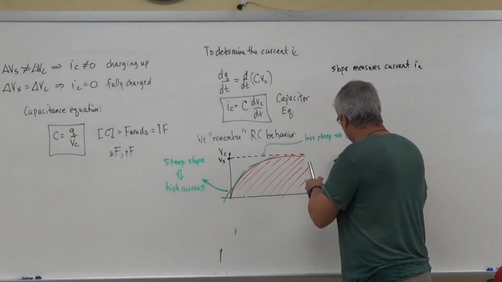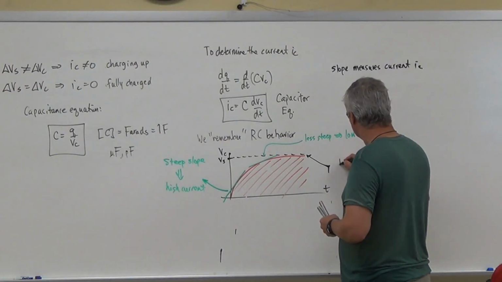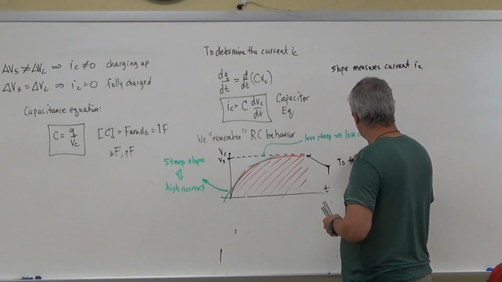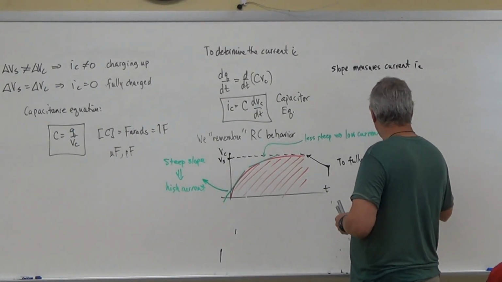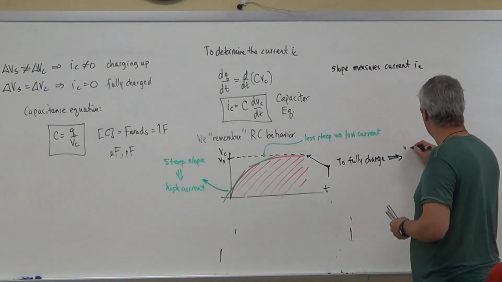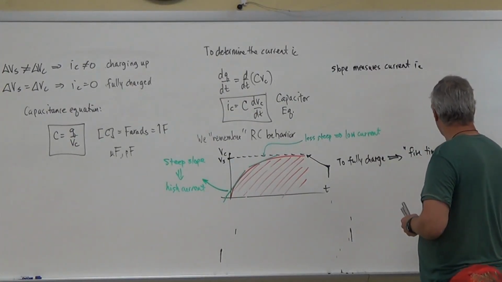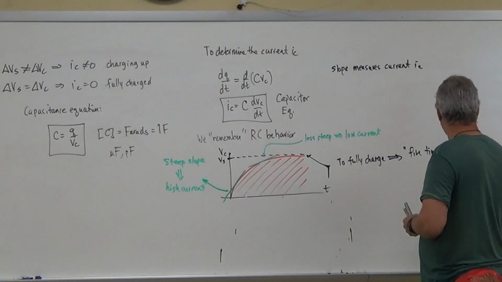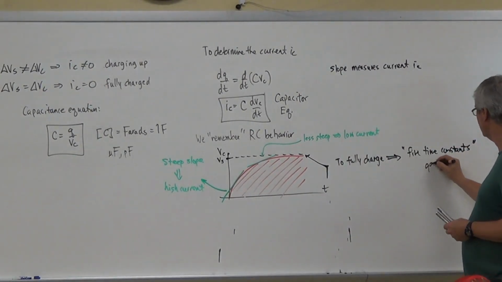And you'll find here, damn, I guess I overfilled this quite a bit, that to fully charge, we typically set a time of 5 time constants. And 5 time constants is about 99%.